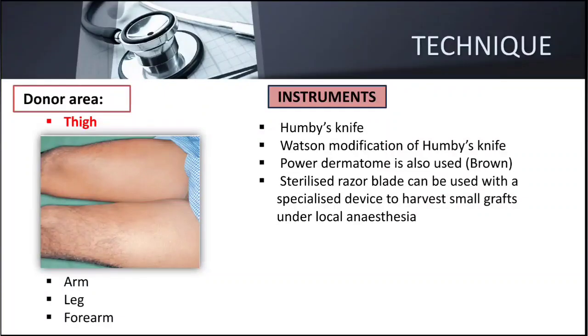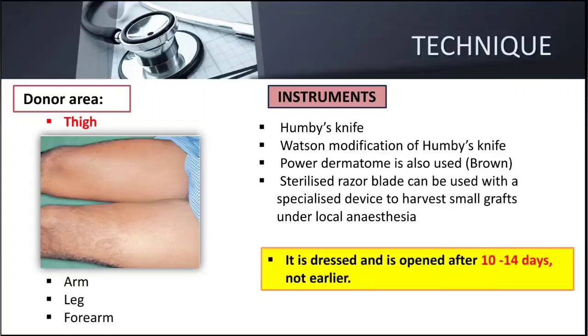A sterilized razor blade can be used with a specialized device to harvest small grafts under local anesthesia, right? And this donor area is dressed, and we don't open it until 10 to 14 days. Don't open it earlier. 10 to 14 days, that's when you open the donor area.